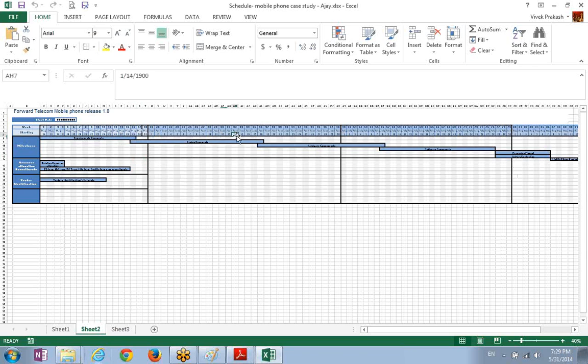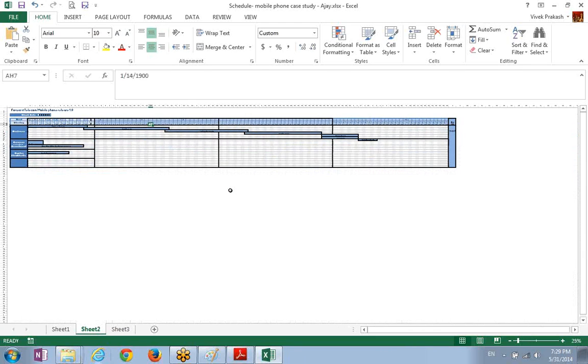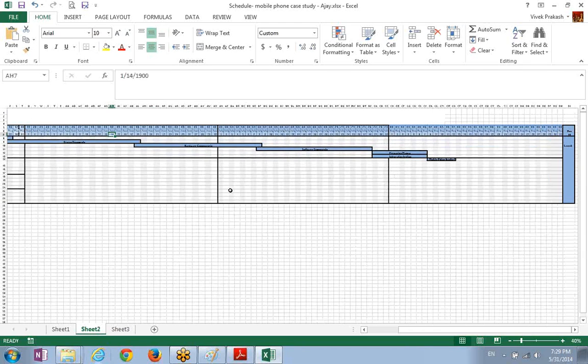You would have created it on a week basis instead of a day basis. Then it would be a little less long. But this is good. But it is not showing budget. It's showing the timeline.